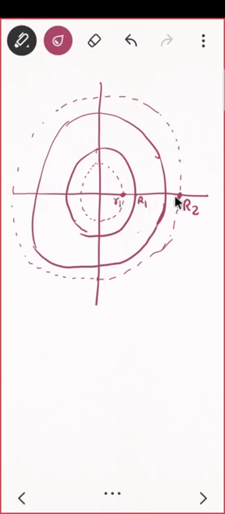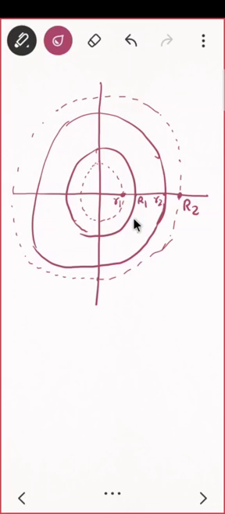This is your R2. This is your small r2. So you see that small r2 is contained in the bigger R2, and small r1 is contained in capital R1. Okay, so this is the diagram.